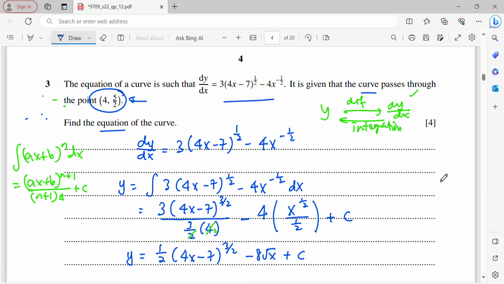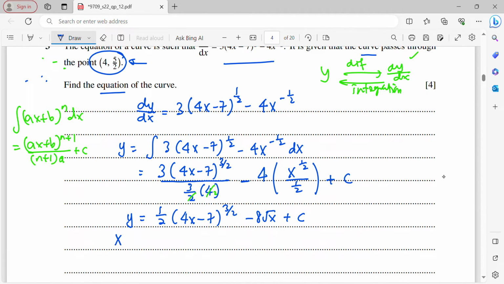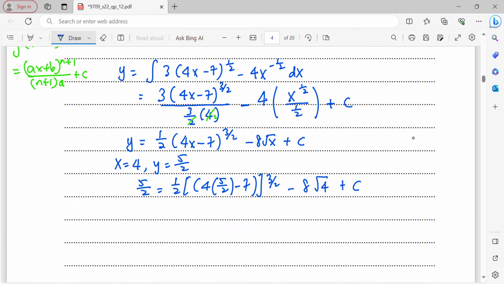x is 4, y is 5 over 2. Which means now I will get 5 over 2 equals half times (4x, x is 5 over 2, minus 7), then this whole term to the power of 3 over 2, minus 8 square root 4, plus c. So from here, I have 5 over 2 on the left hand side.